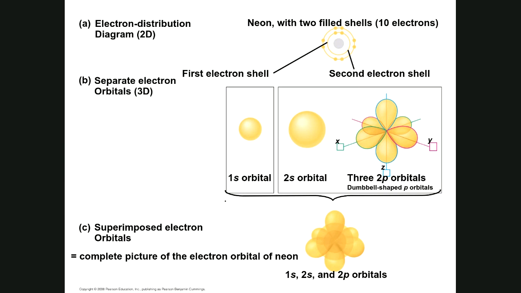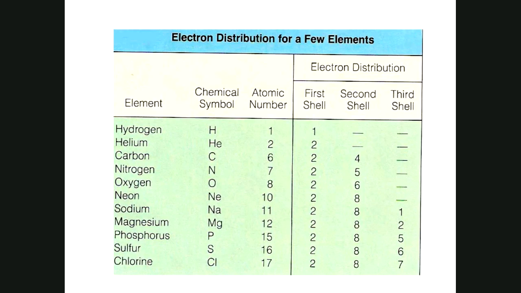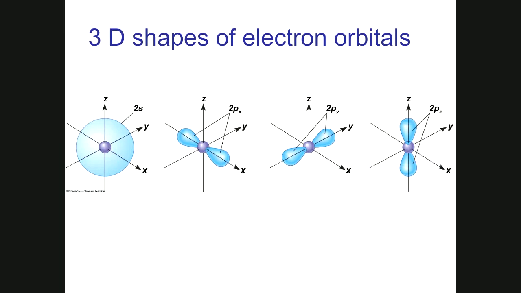Then I have another orbital, which is d, that exists from the third shell and up.